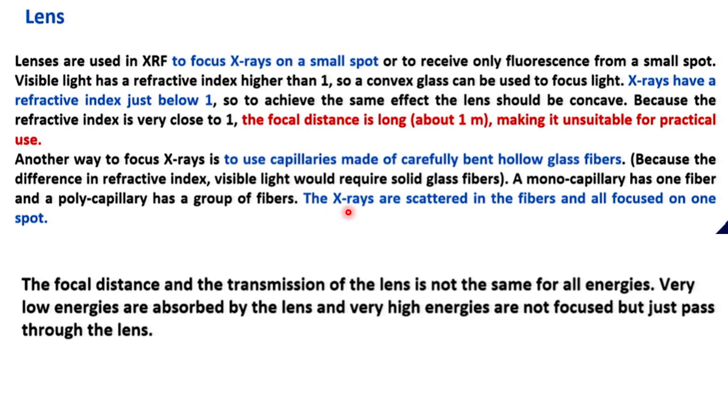That's why you need multiple capillaries. The focal distance and the transmission of the lens is not the same for all energy. Very low energy are absorbed by the lens and very high energy are not focused but just pass through the lens. That's why glass capillaries are used to focus the X-ray.